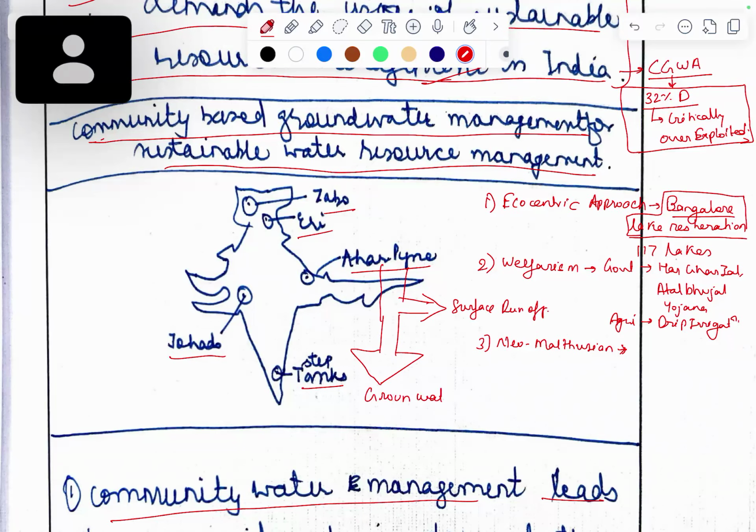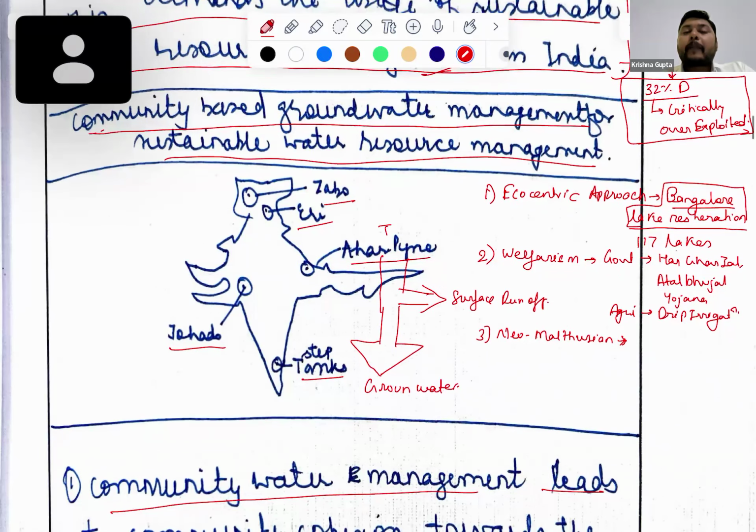This is the total water which is present over the land. What has happened because of concretization is that the component of surface runoff has increased, and the component of groundwater has decreased. So we need to have this blue-green infrastructure.